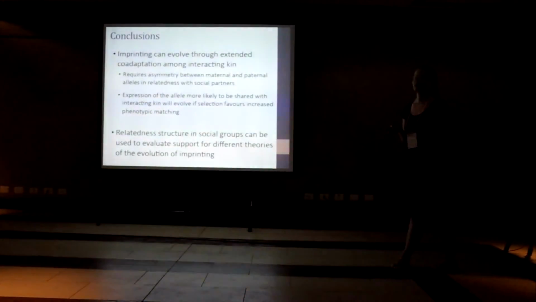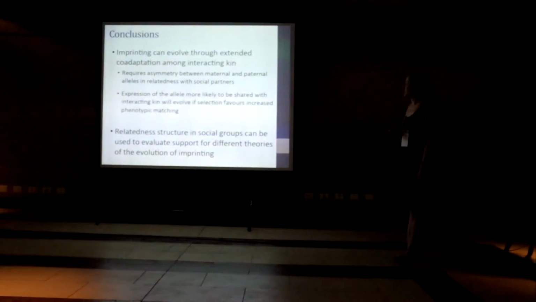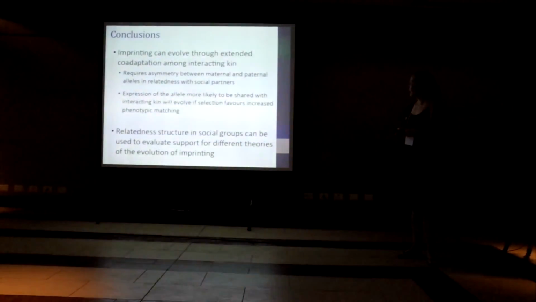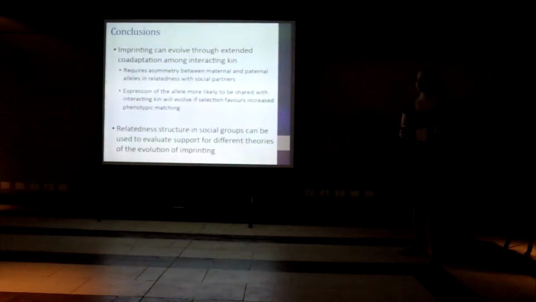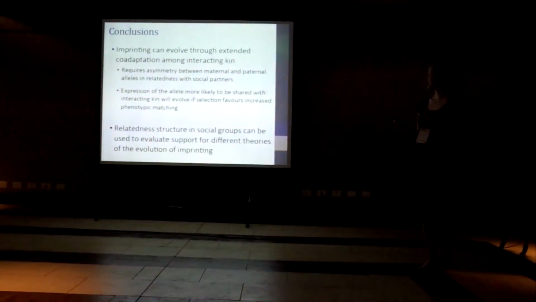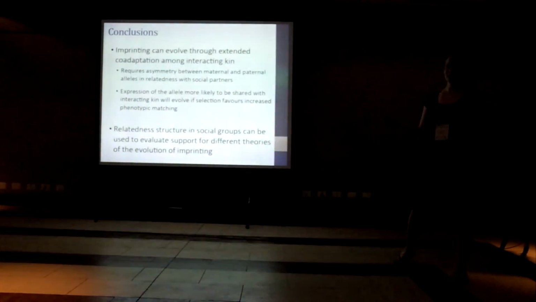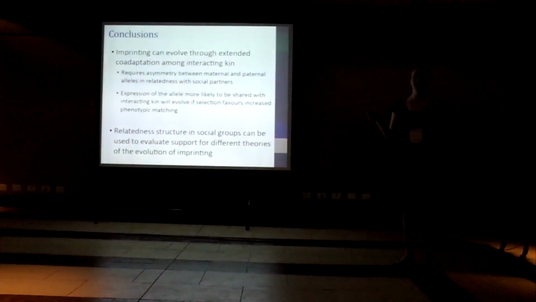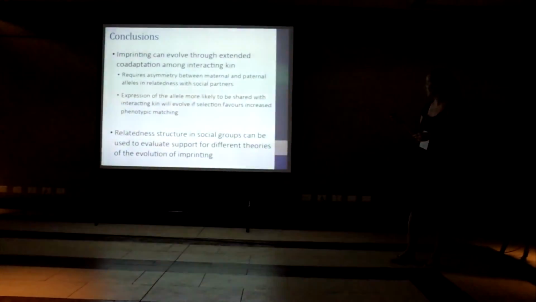Okay, so to conclude, we see that imprinting can evolve through extended coadaptation among kin. It requires an asymmetry between the two alleles in their relatedness with interacting social partners, and individuals are more likely to express the allele that is more likely to be shared with their interacting partners.